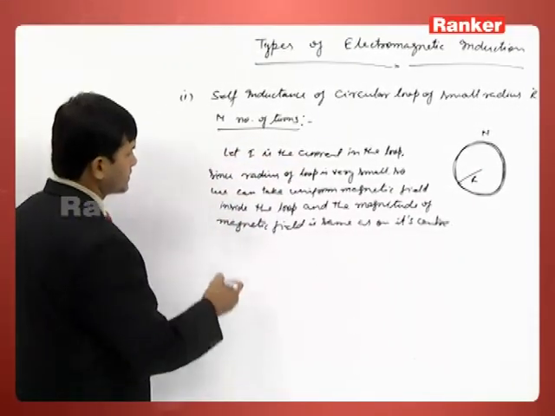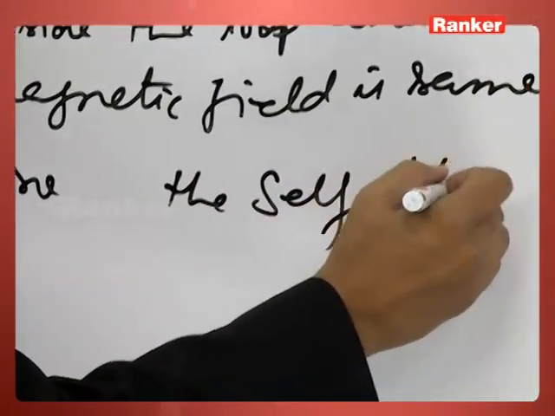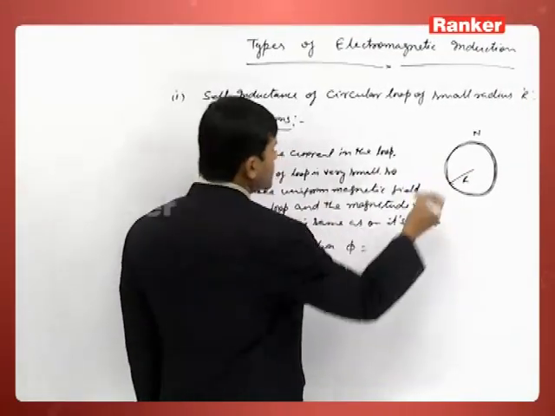So the self flux phi is equal to, the first is the area.